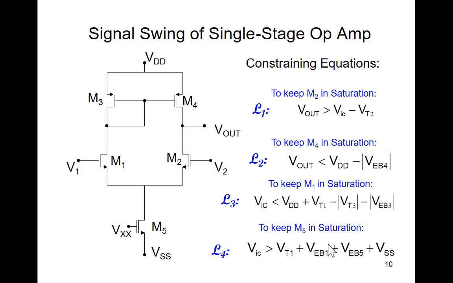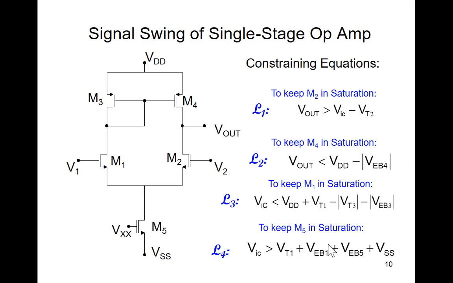So I can say then that Vout has to be less than VDD minus V excess bias 4. Maybe I should call it the magnitude of V excess bias 4, because that quantity we subtract is the positive quantity.